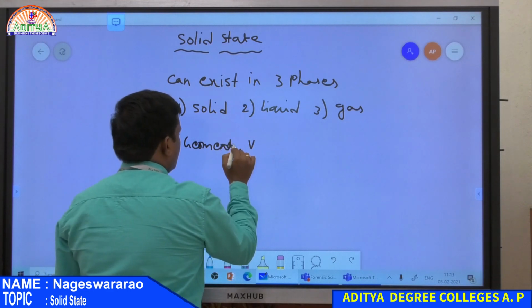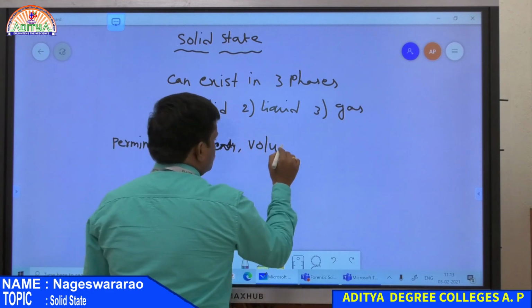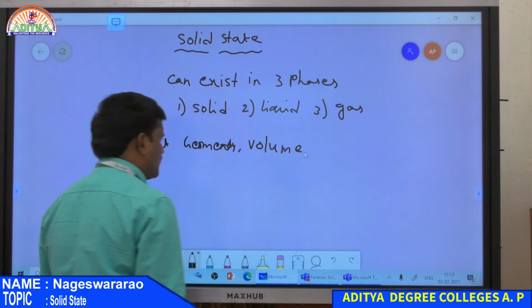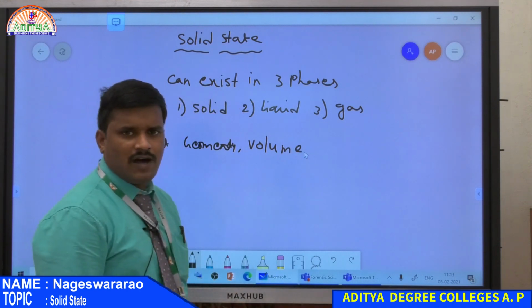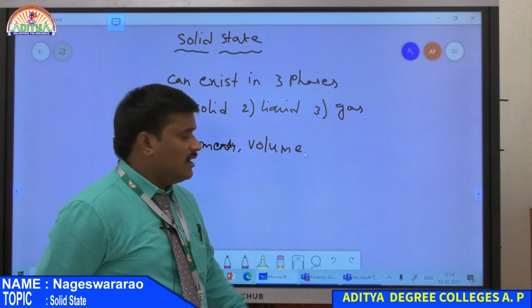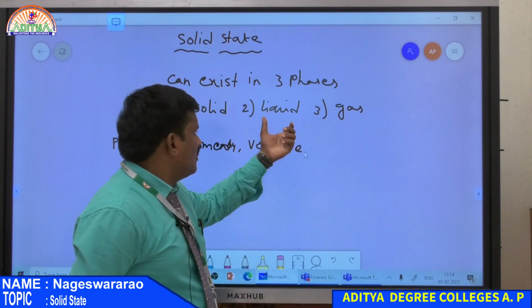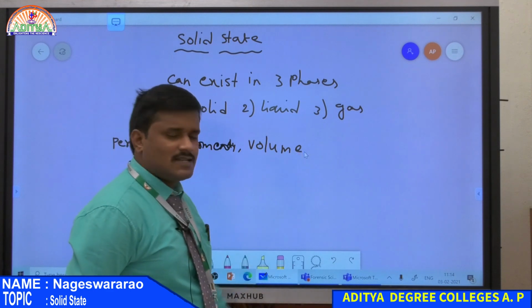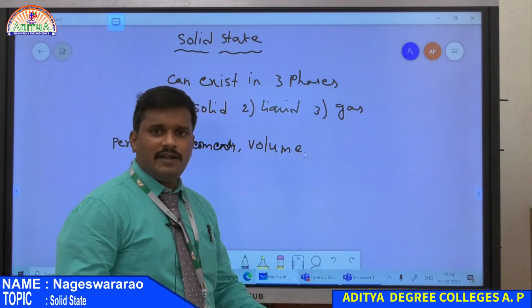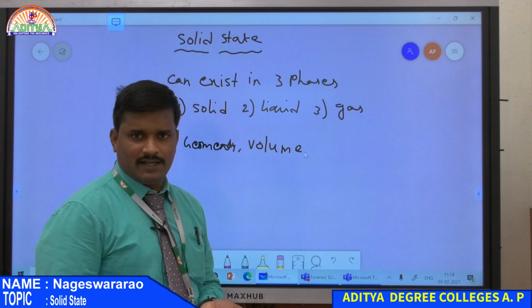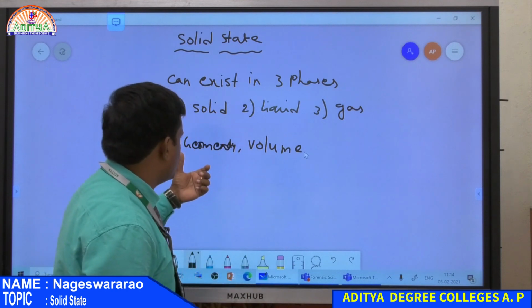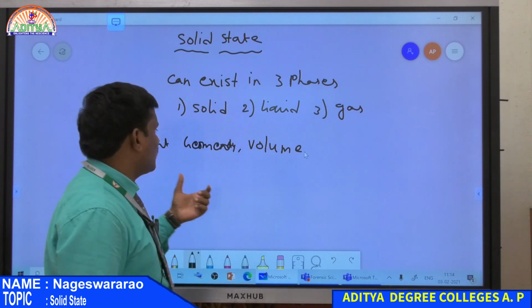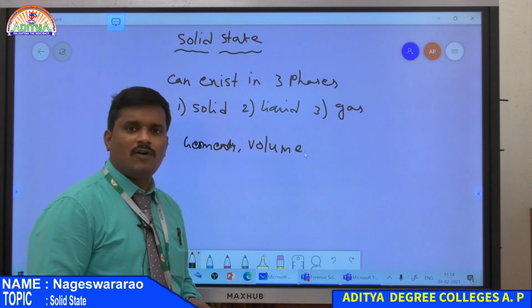So these are having characteristic properties like geometry as well as volume. Whereas liquids do not have a fixed geometry, and gases do not have a fixed volume, it is equal to the volume of the container. Whereas in the case of solids, these are having a particular geometry as well as a particular volume.